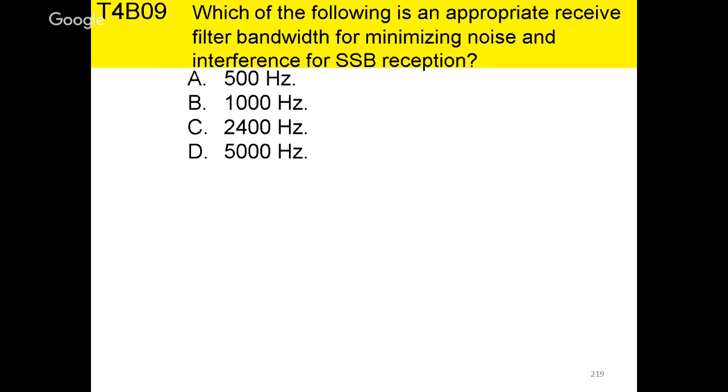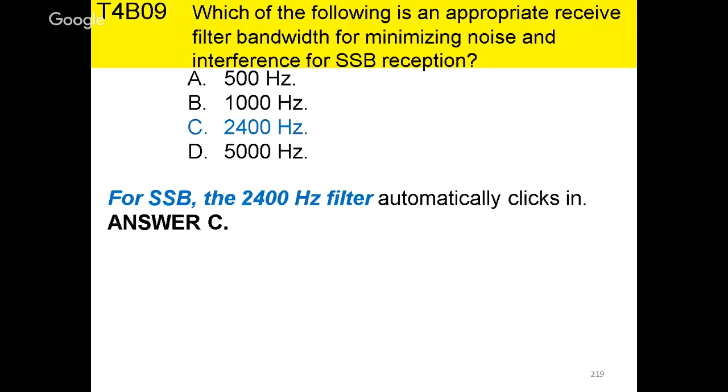Which of the following is an appropriate receive filter bandwidth for minimizing noise and interference for single sideband reception? A lot of rigs come with filtering already built into them. Most of them really have this kind of filtering already built in, but you can get some that are a little bit more narrow. But for single sideband, the 2400 hertz filter automatically clicks in.